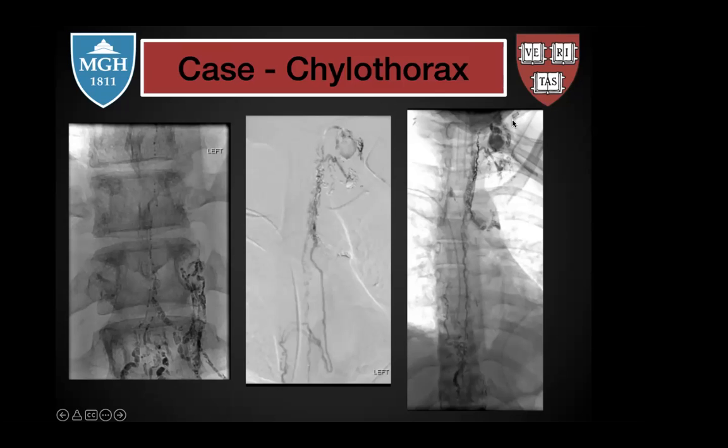Interestingly, the fluid turned from that milky appearance to a more serous appearance. And so the question is whether this was persistent leak or whether it was related to something else. She was continued with conservative management with midodrine actually, and TPN and a low-fat diet.